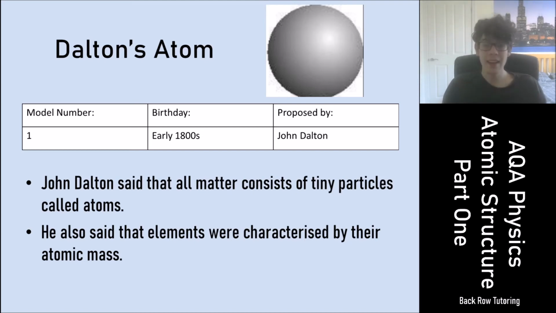He also said that elements were characterised by their atomic mass. So he thought that if you divided something into little bits continuously, the smallest thing you could come to was an atom. And he said that elements were characterised by their atomic mass, so the mass number.